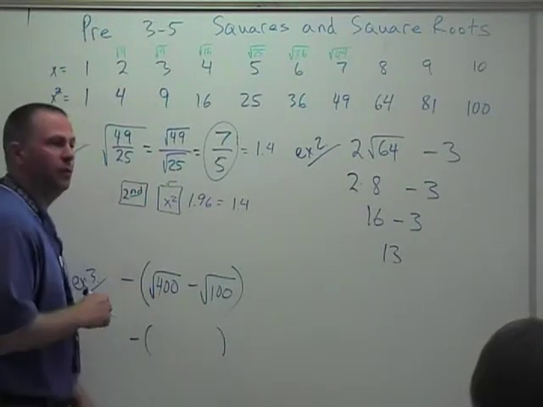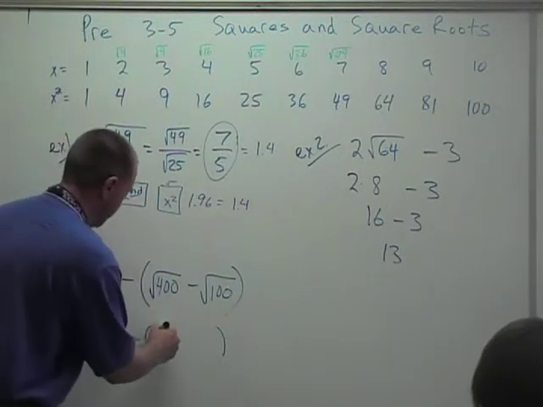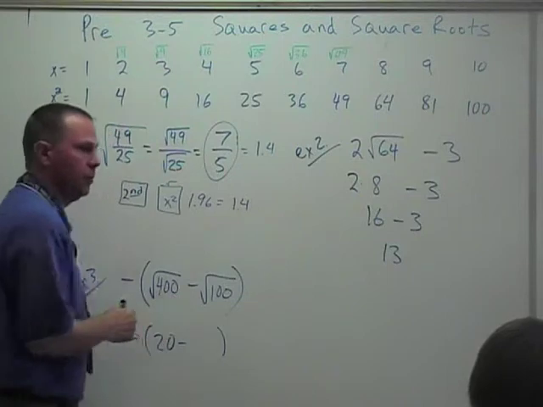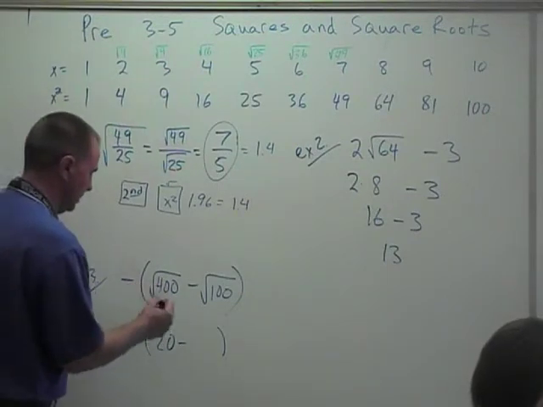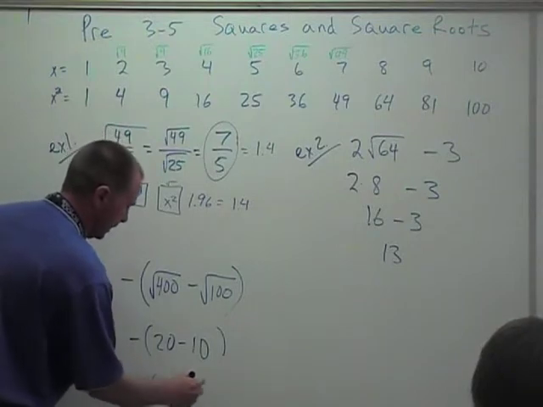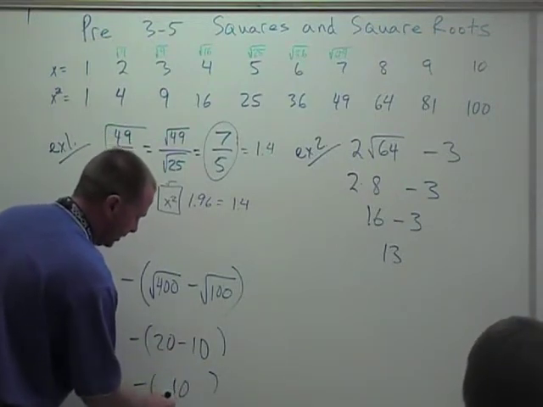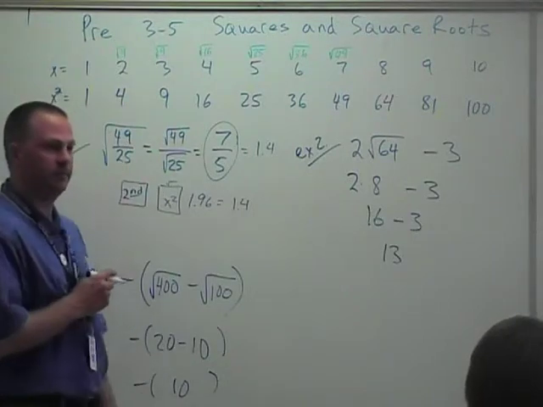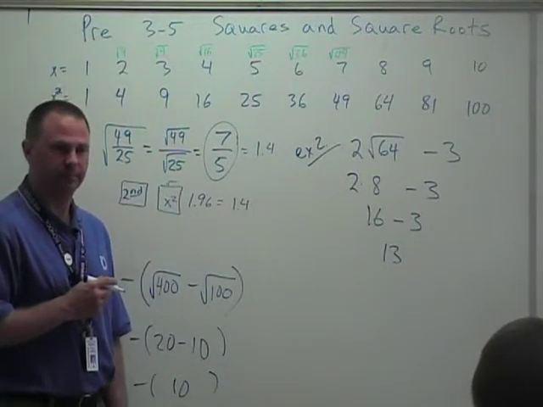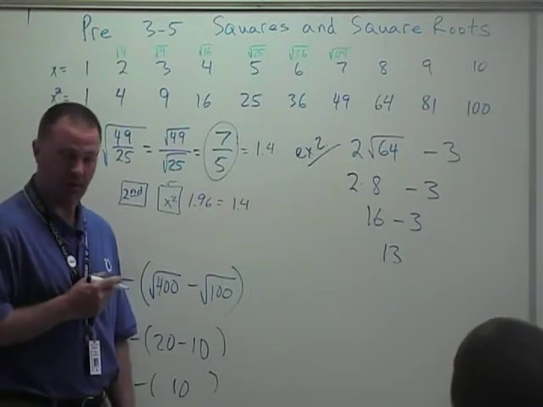So what is the square root of 400? 20. And what's the square root of 100? 10. So what is 20 minus 10? Okay, again, the minus sign doesn't go away. 20 minus 10 is 10. My answer is negative 10. Got it? That easy? Awesome.